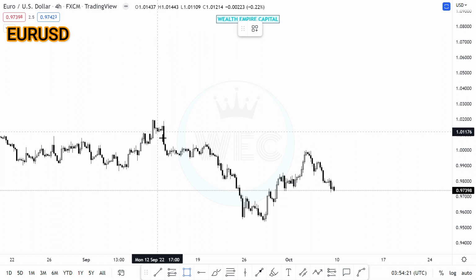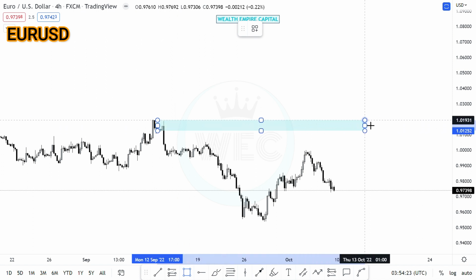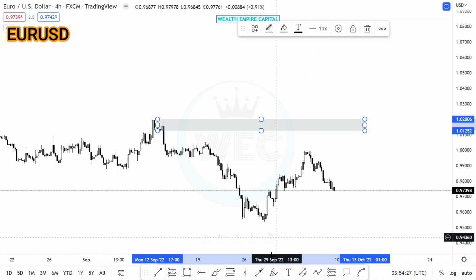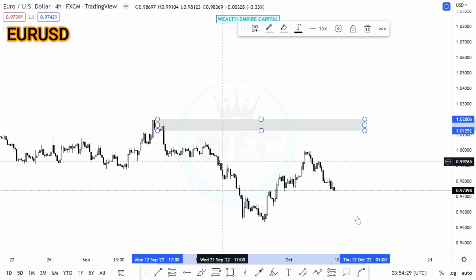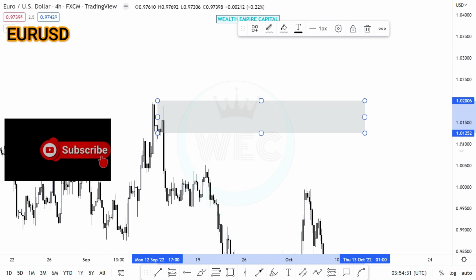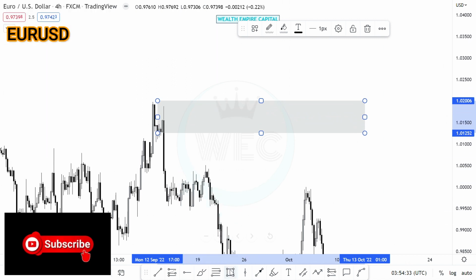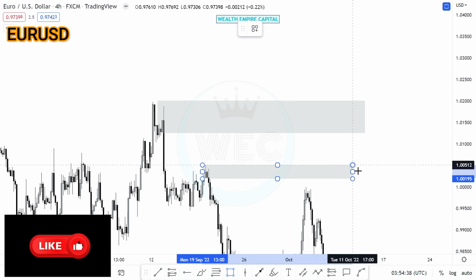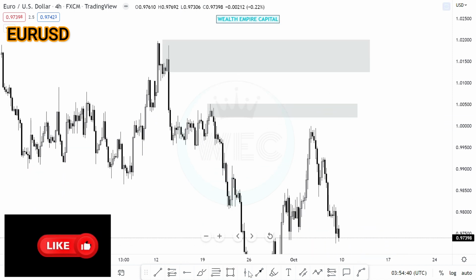The first one is going to be right in here as a supply zone. So I'm going to show this real quick. Supply. The next one is going to be, let me zoom this thing in, right in here as our next supply. And we can see that price never got into that.